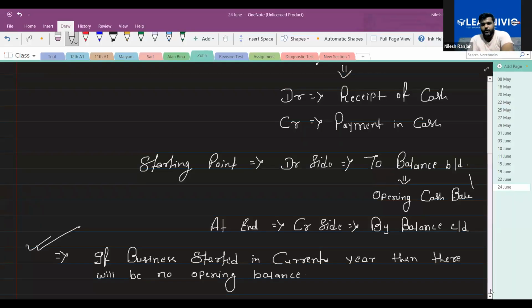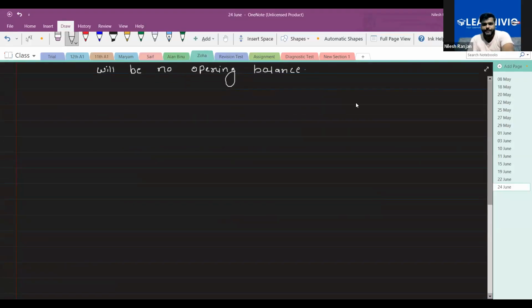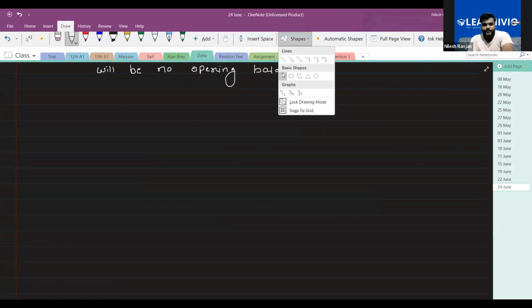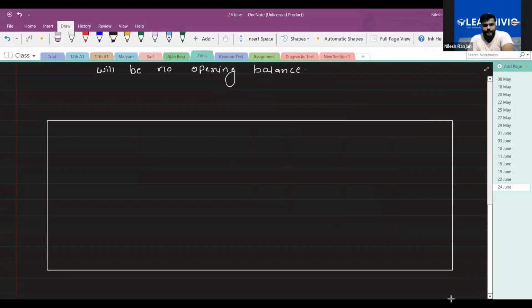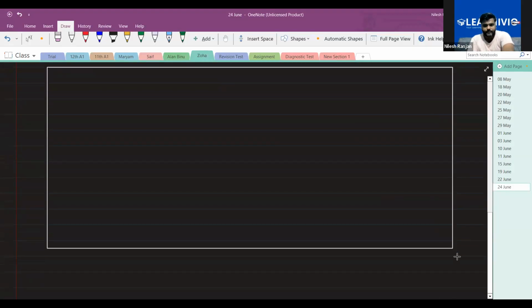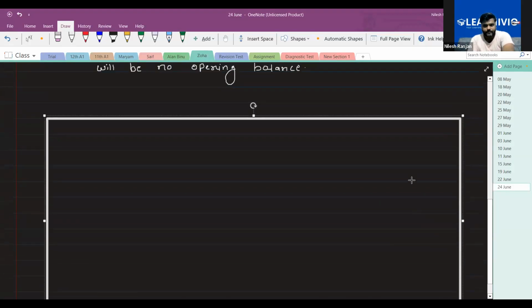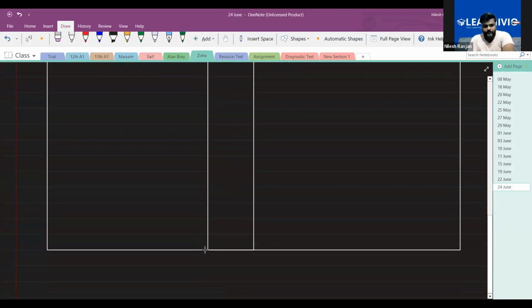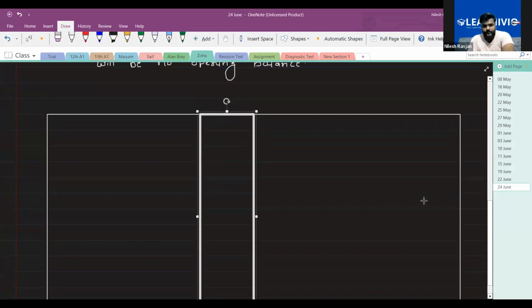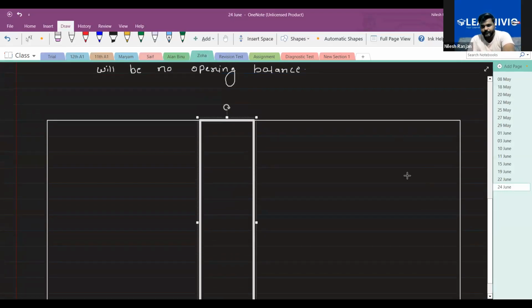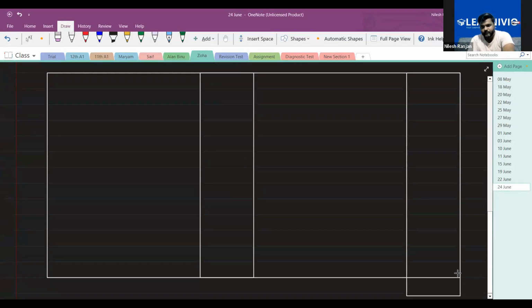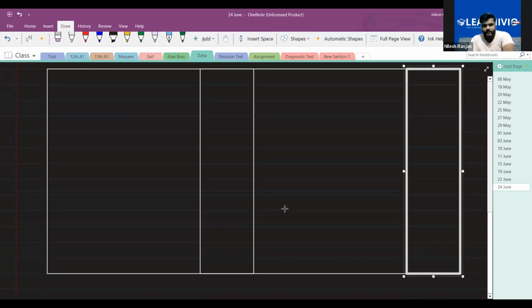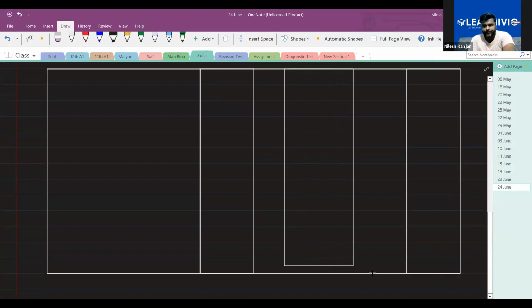So first of all, the cash book format. Date.